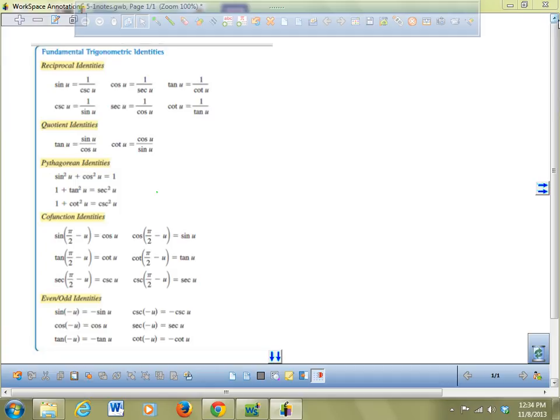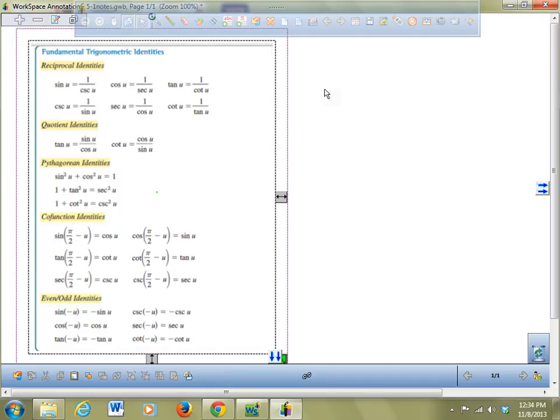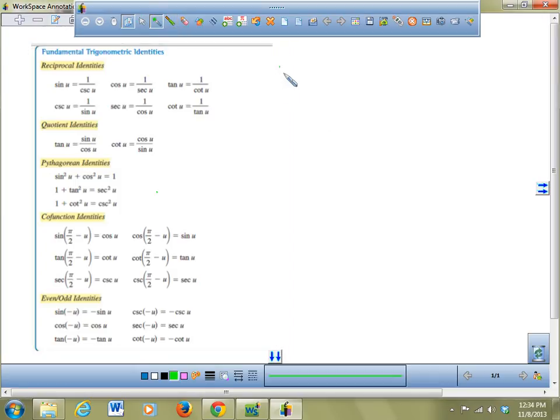All right, so then we use these identities to manipulate trigonometric equations. So for instance, use identities. Now what we're going to do is use the trig identities without drawing a picture, okay?